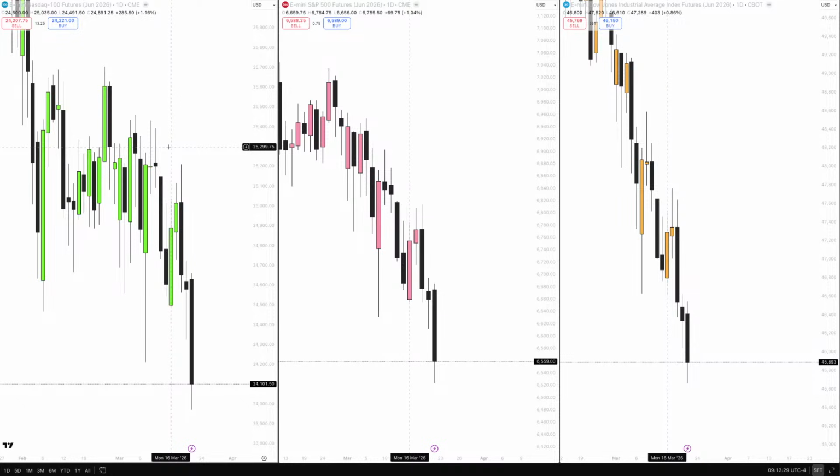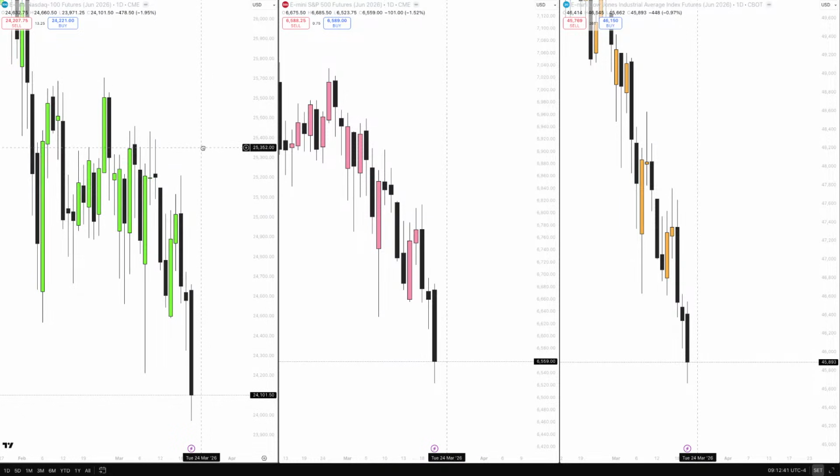So yes, we have one example here. You can see this is the high of Friday on NQ.